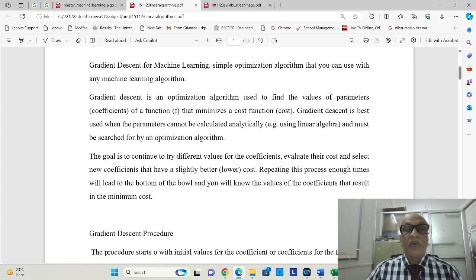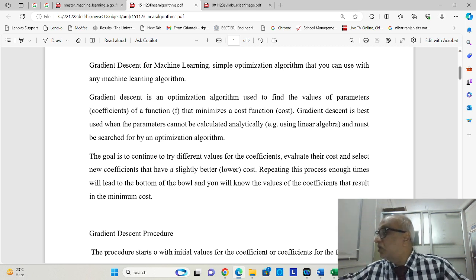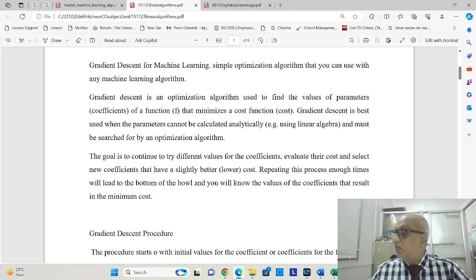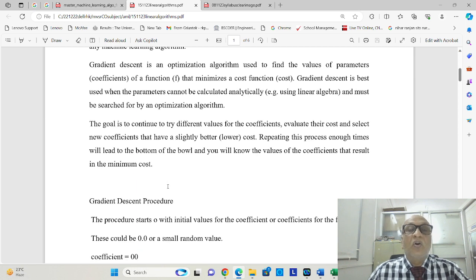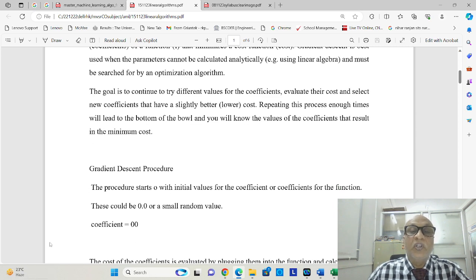So what the goal is, it is going to track different values for the coefficient, evaluate their cost, and select new coefficients which have a better cost. This is an iterative process, and each time it will lead you down to the bottom, as in going down, as in the gradient descent, as in slope.